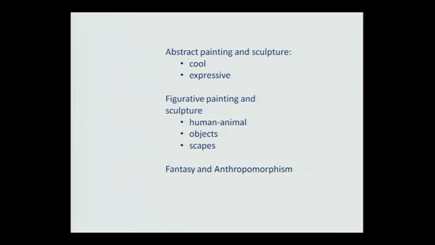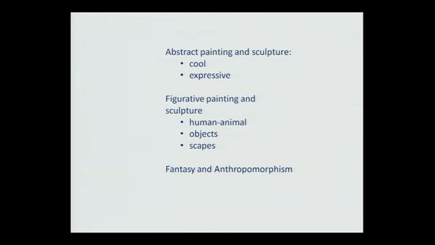When someone purchases an abstract painting or sculpture, they either can go for something really cool, like a Donald Judd, or something very expressive, like Jackson Pollock. When someone purchases a figurative painting, I figured they'd also be interested in the subject of that painting.